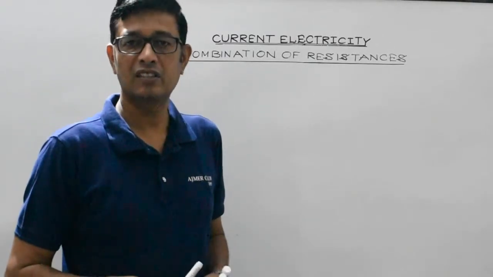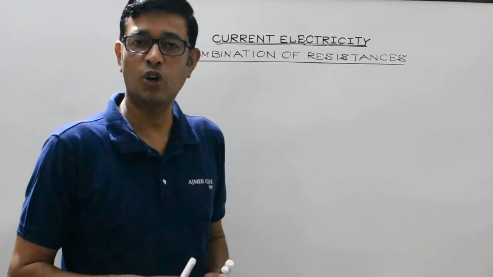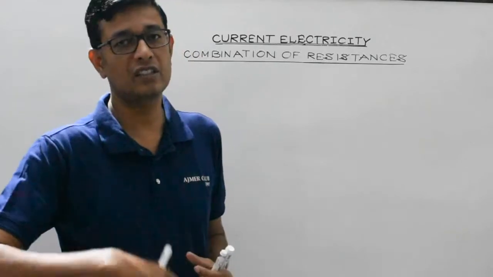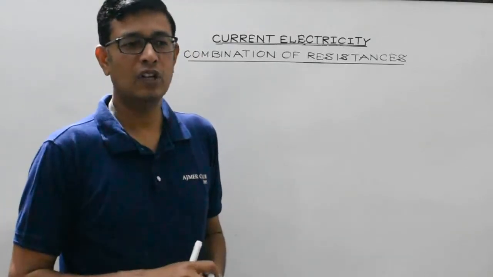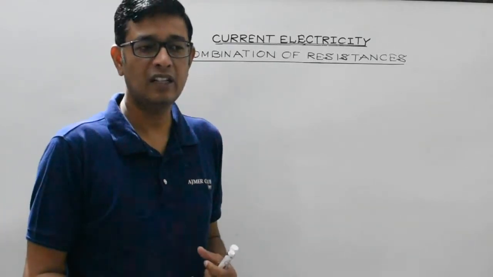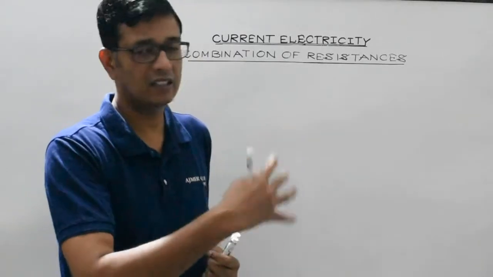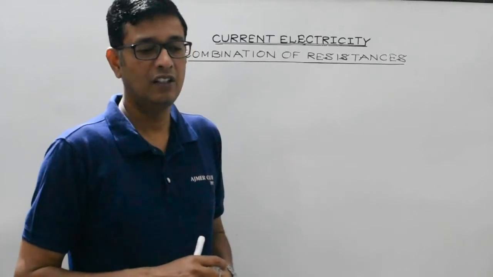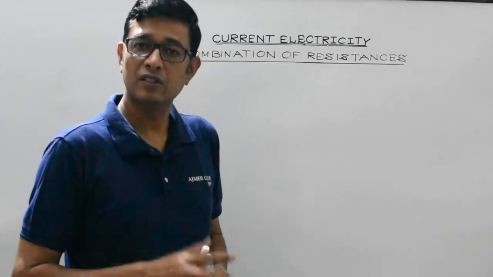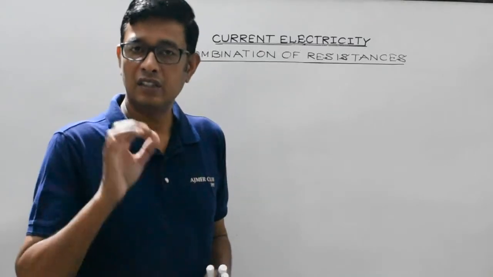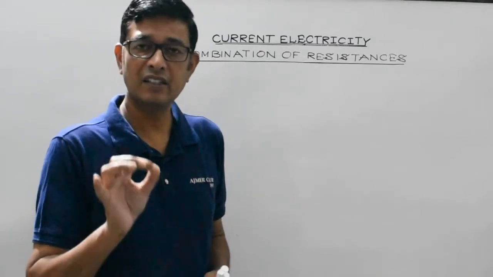So in this session, we will be discussing the combination of resistances when they are connected in series and then when they are connected in parallel. We will consider the case of 3 resistors and then the result can be generalized to n resistors connected in series or parallel, right?